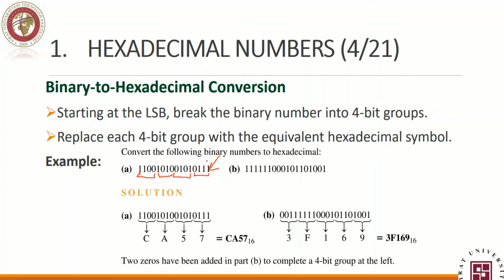This one again, this is 2 to 0, 2 to 1, 2 to 2, 2 to 3. So 2 to 2, that's 4, plus 2 to 1, that's 2, 6, plus 2 to 0, that's 1. So this is 7, good.